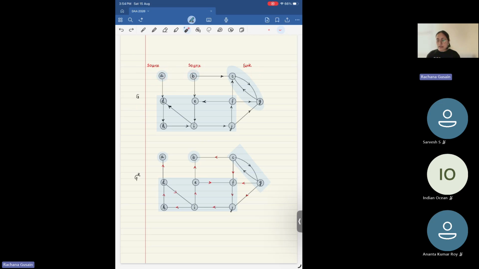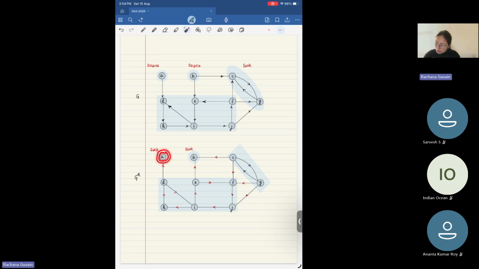This was the sink SCC. What happens in this graph G of R, the reverse graph? Source and sink are reversed, right? So this becomes the source strongly connected component. They become sink strongly connected components.